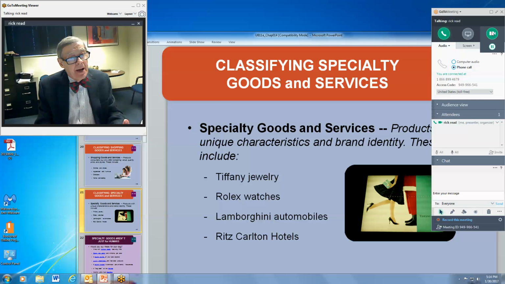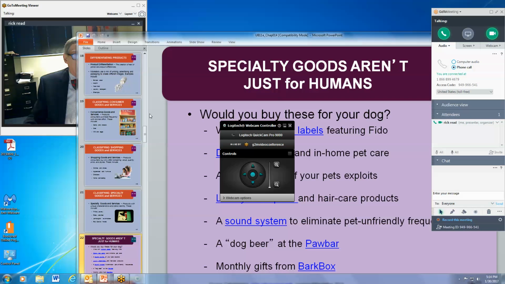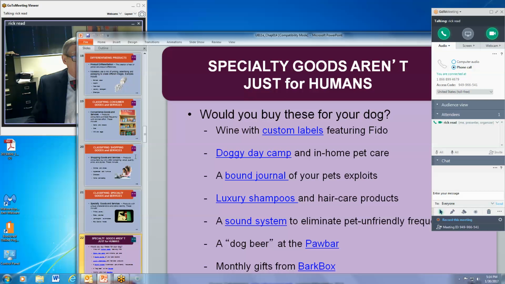It mentions down here at the bottom Ritz-Carlton hotels, very high-end hotels. And we're going to go through a good bit of decision making before we make some kind of purchase here.